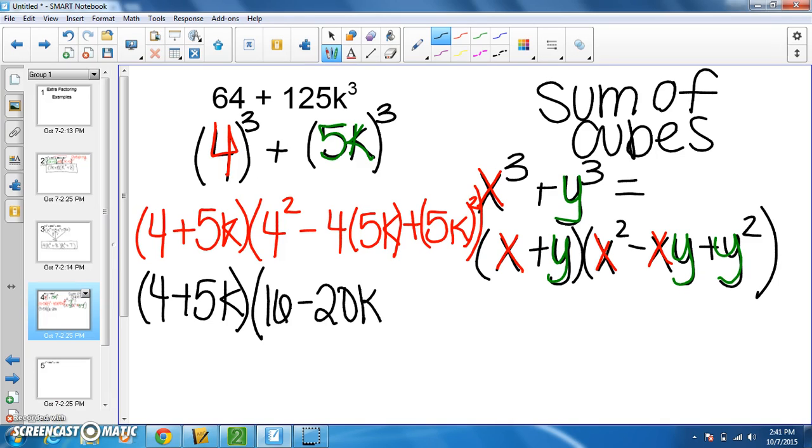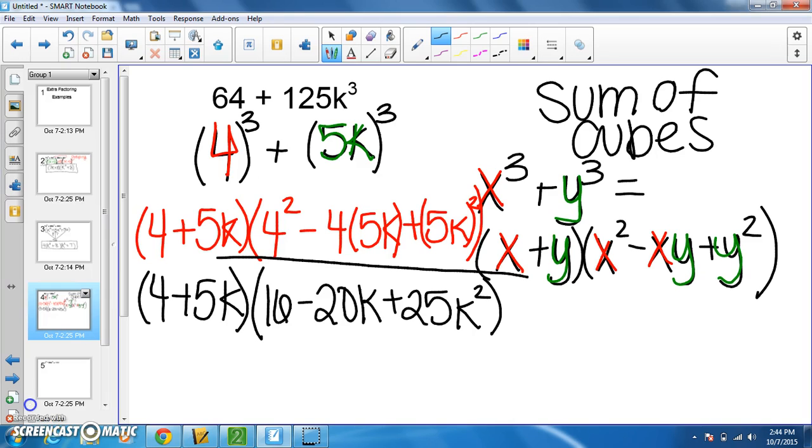And instead of the quantity 5k squared, we're going to write plus 25k squared. Can we factor these two factors any further? So here we have our factored form of 64 plus 125k cubed.